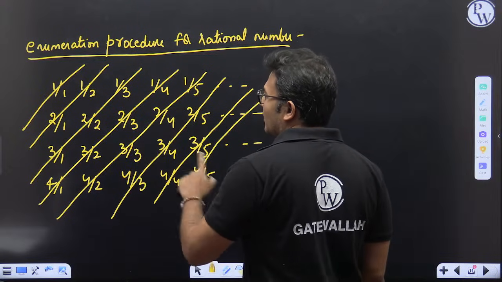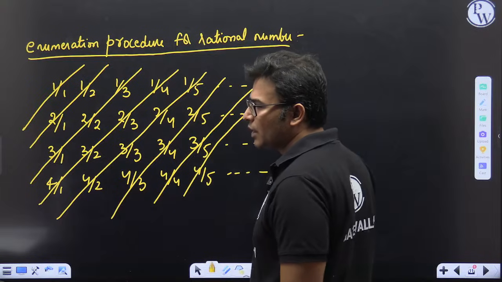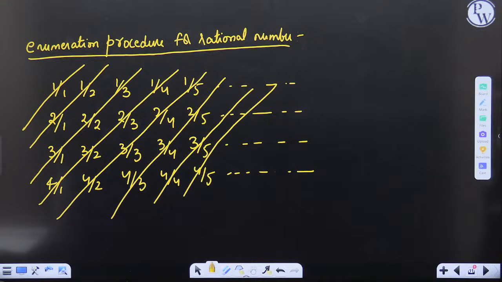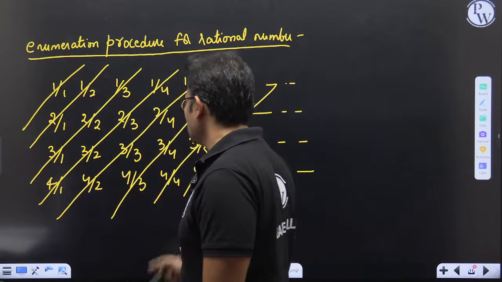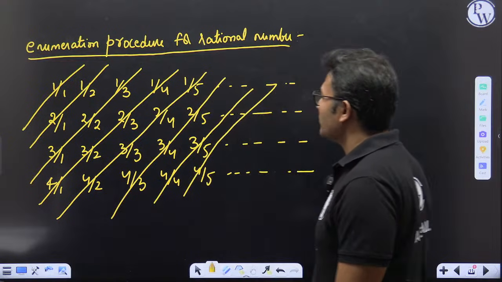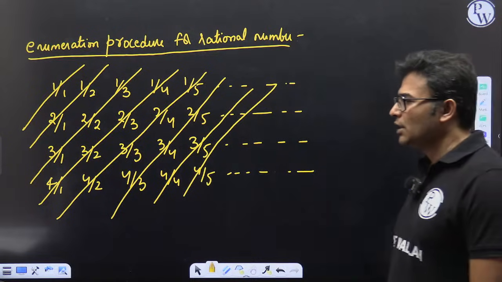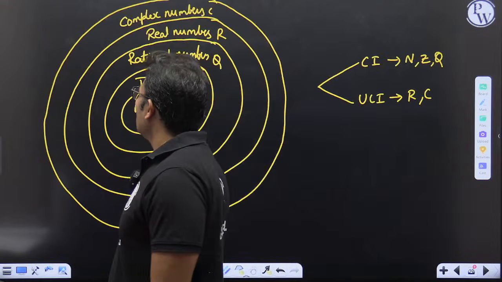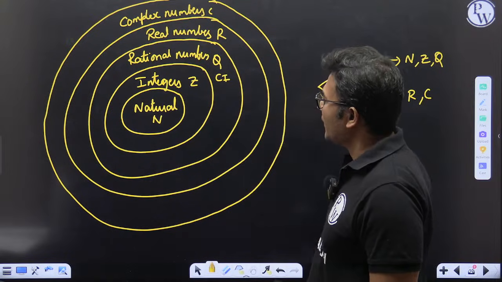If we go diagonal by diagonal, we can generate all the numbers. Therefore, we can say that rational numbers are countably infinite, right?